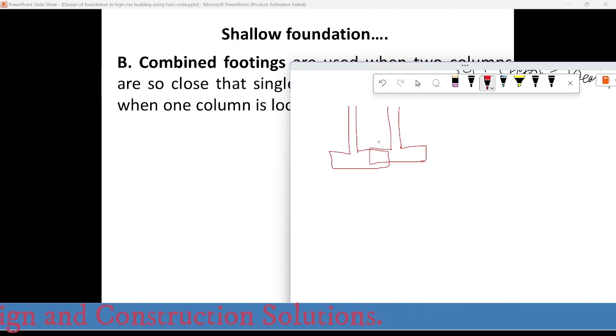So whenever there is a condition where we will not be using an isolated footing, we need to provide a combined footing just like this. So a combined footing is applicable for columns that are located closely, or whenever there is a condition that will not allow us to use an isolated footing.